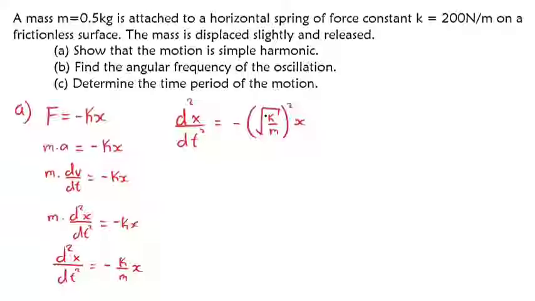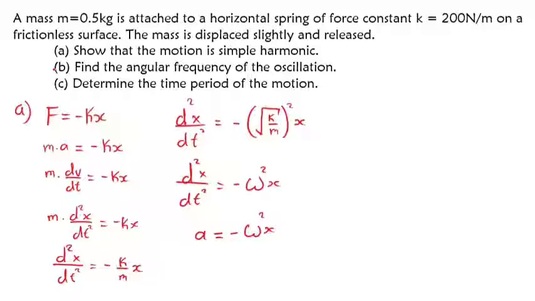The square root cancels the square, giving us what we had initially. So the square root of k over m is simply the angular frequency omega. So this is equal to negative omega squared multiplied by x. So acceleration is equal to negative omega squared x. This shows that the motion is simple harmonic.